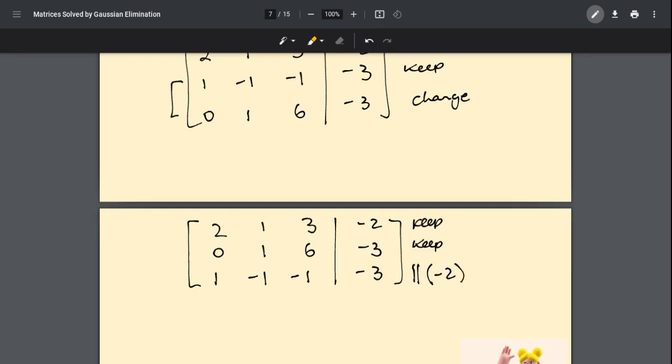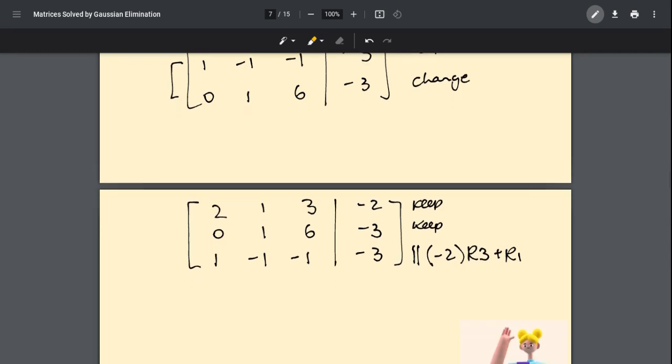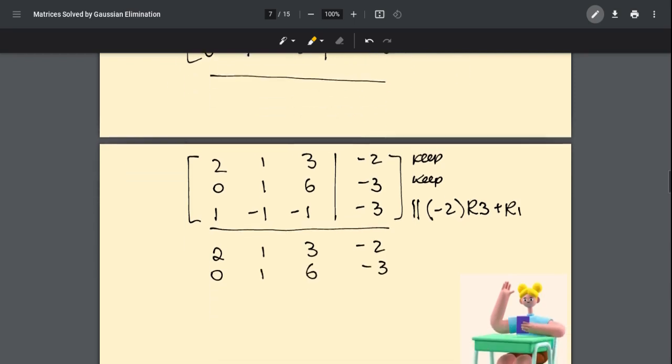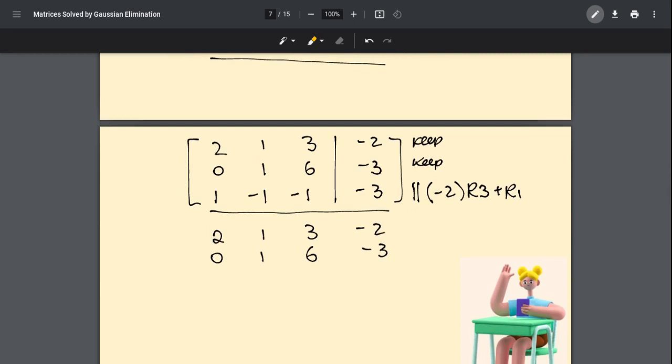I'm going to multiply row 3 by that and add my row 1 to it. Okay? So copy 2, 1, 3, -2, 0, 1, 6, -3. And now, as I multiplied it and added it up, I get these values.